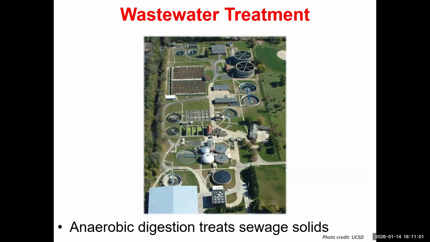This particular facility has 4 anaerobic digesters, and they handle feedstocks such as sewage solids, fats, oils, and grease, as well as food waste. They use their digester biogas to co-generate electricity and heat for their plant, and a small amount of their biogas is burned using a gas flare.